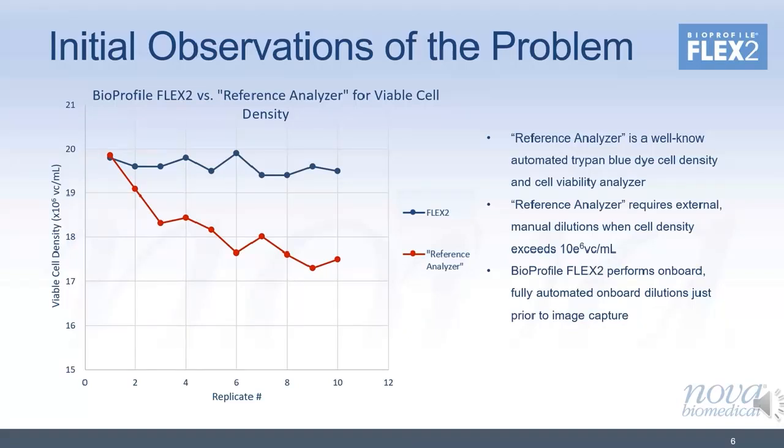We would run the same sample processed in a shorter time from the time it was sampled and diluted, and we would see very comparable results. So this was just very mind-boggling to us. We couldn't really optimize the algorithms because we just were not seeing consistent results between the Flex 2 analyzer and the reference analyzer.